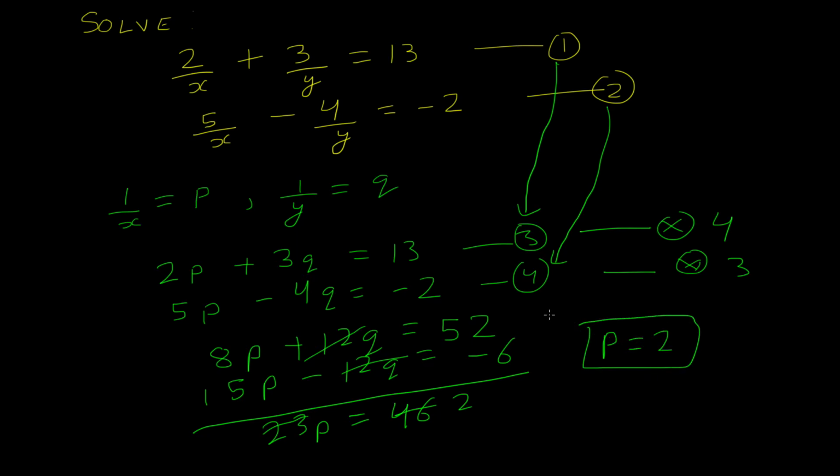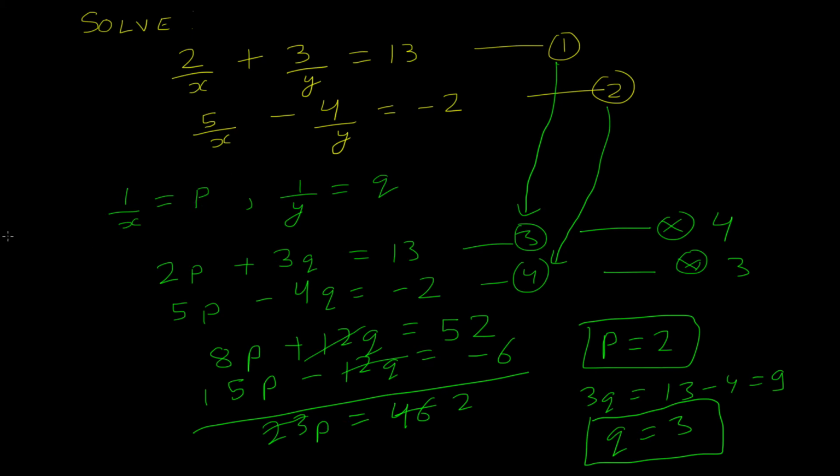Now you just substitute p in this, so you get 2 multiplied by 2 is 4. So 3q is equal to 13 minus 4, which is 9, and you get q as 3. But we need to solve for x and y, so we substitute here.